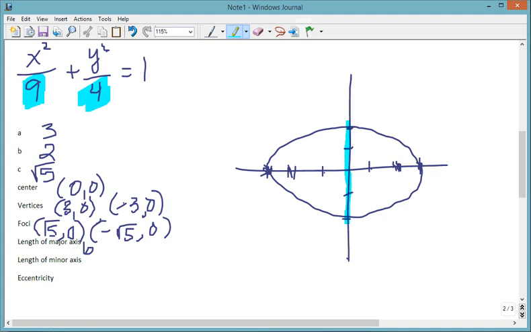And that's B, so that would be 2B. So that would be 4. And then finally the eccentricity is just going to be the square root of 5 over 3. It's just C over A.